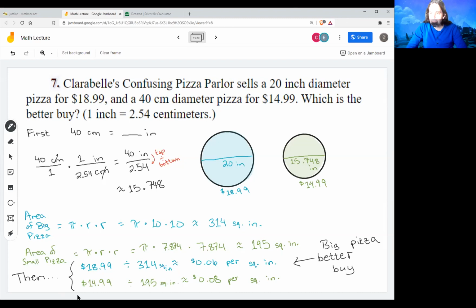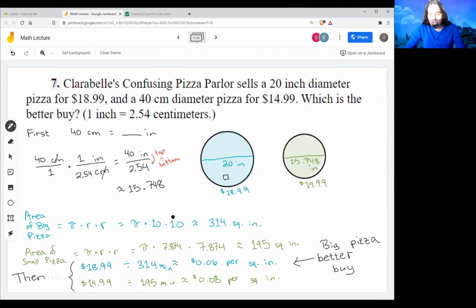Questions on that one? I'm good. Did anyone divide the other way? You certainly could. You could say, let's take the square inches and divide it by the price. If you did that, you'd get a different measurement, not how many cents you pay for one little square inch of pizza.